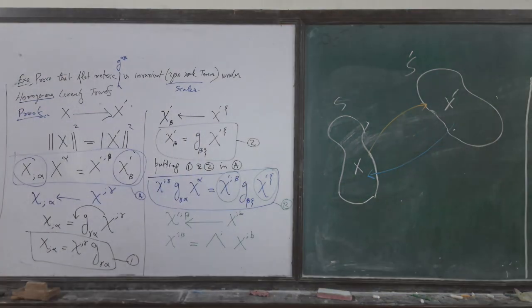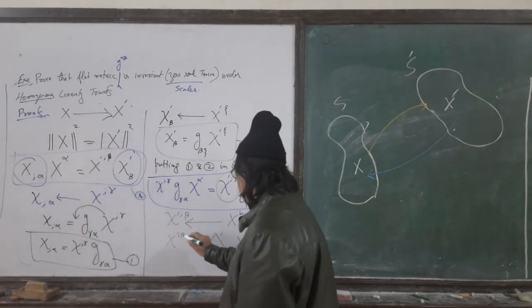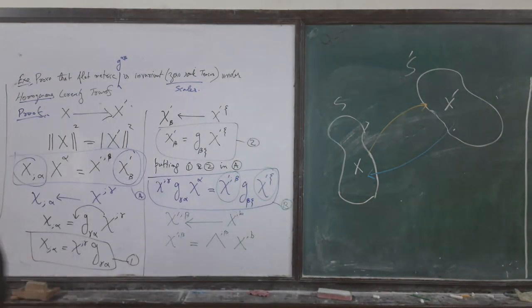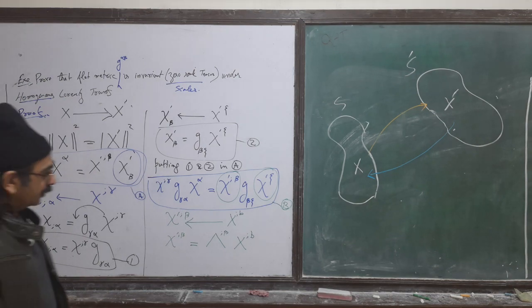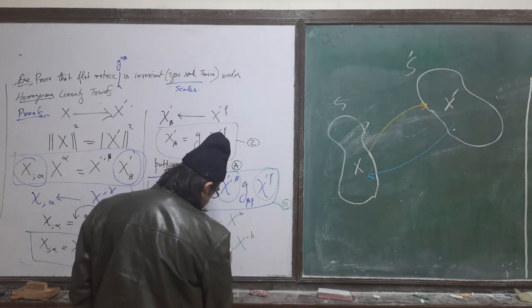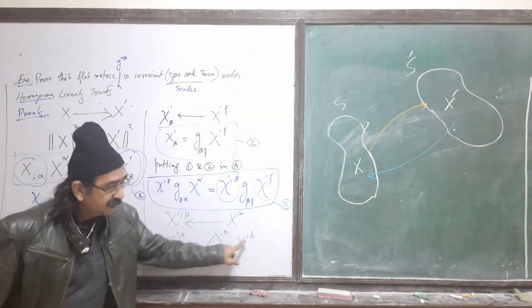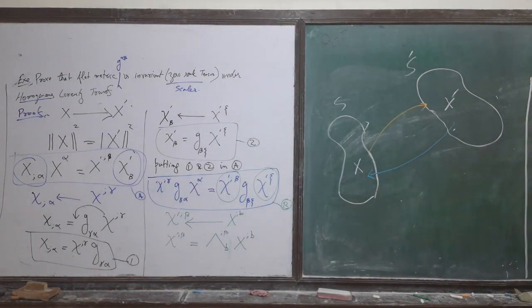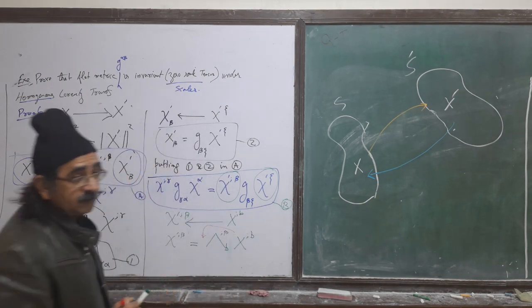Beta. So what will be this? B. Because this is column and this is row, this comes here.